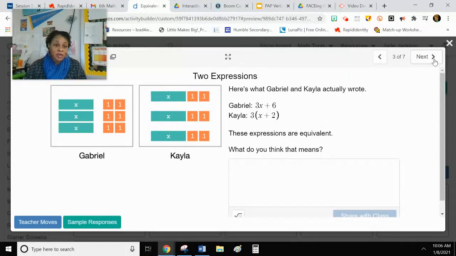They both have 3 green X's, and they both have 6 orange 1s. And that means that they have the same amount. They're just arranged differently. He grouped his one way and she grouped hers another way. But they represent the same thing. At the end of the day, they're the same amount. So equivalent means they represent the same amount.